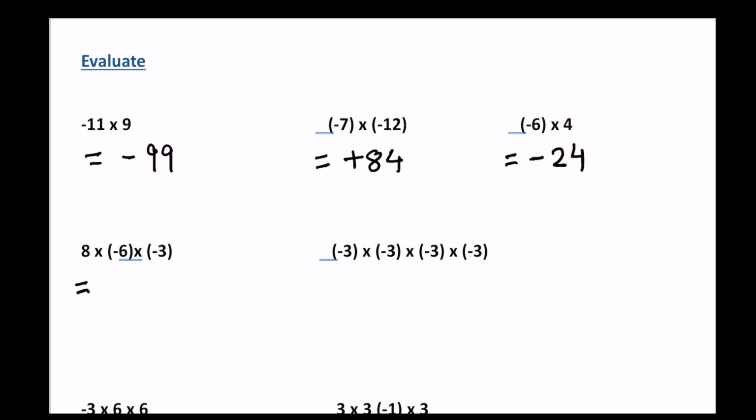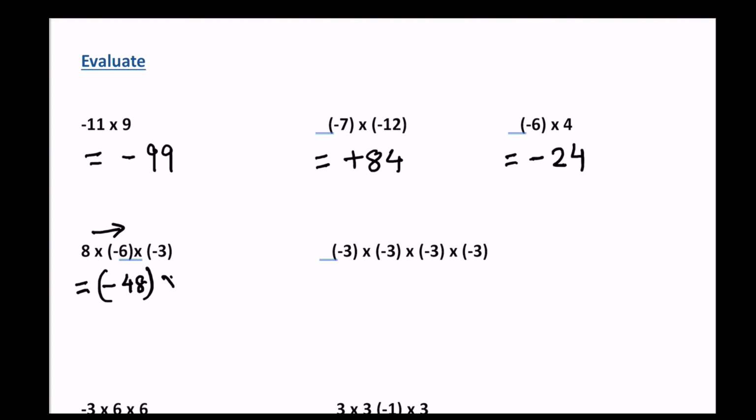Now let's do a little complex problem. Positive 8 multiplied by negative 6 multiplied by negative 3. So let's do left to right. 8 multiplied by negative 6, plus into minus is minus. 8 times 6 is 48.